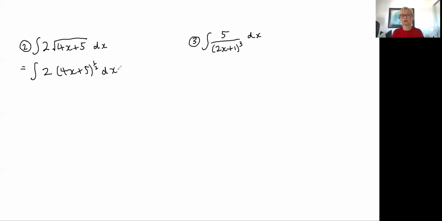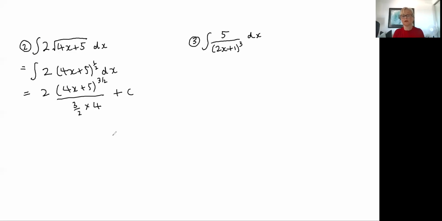Now we're in a position where we can go ahead and do our normal thing. This is just linear, so it's okay. So we're going to get 2 times (4x plus 5) to the 3 on 2. Remember, we increase our index by 1, divided by the 3 on 2, and we also need to divide by 4, which is the derivative of that inner function.